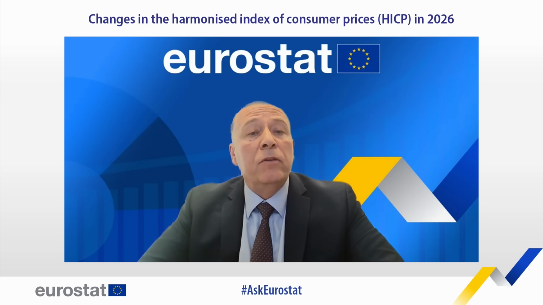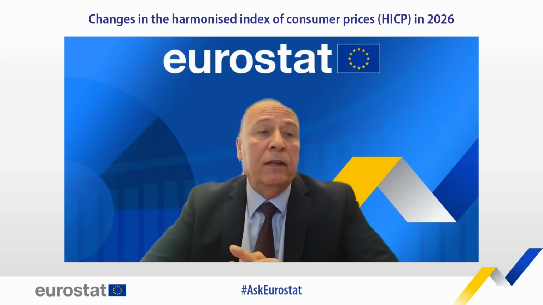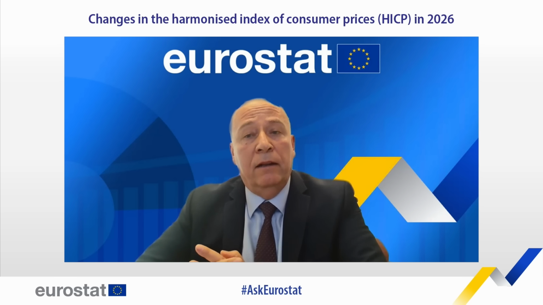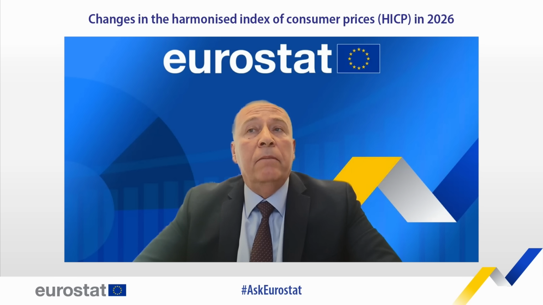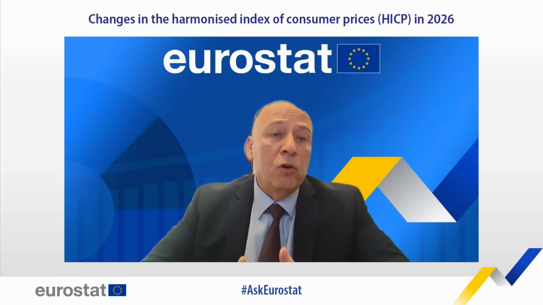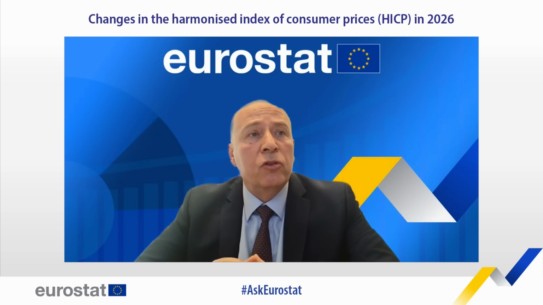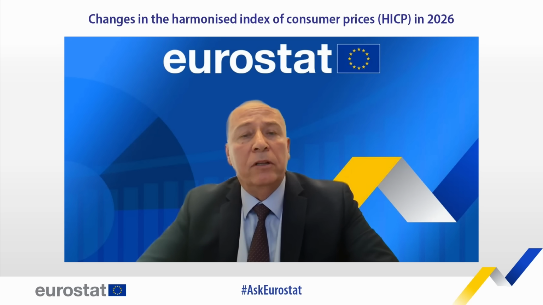It is important to mention that at the annual rates of change at the Eurozone and EU aggregate levels, the special aggregate of non-energy industrial goods is the one most impacted, at the most by minus 0.12 percentage points.